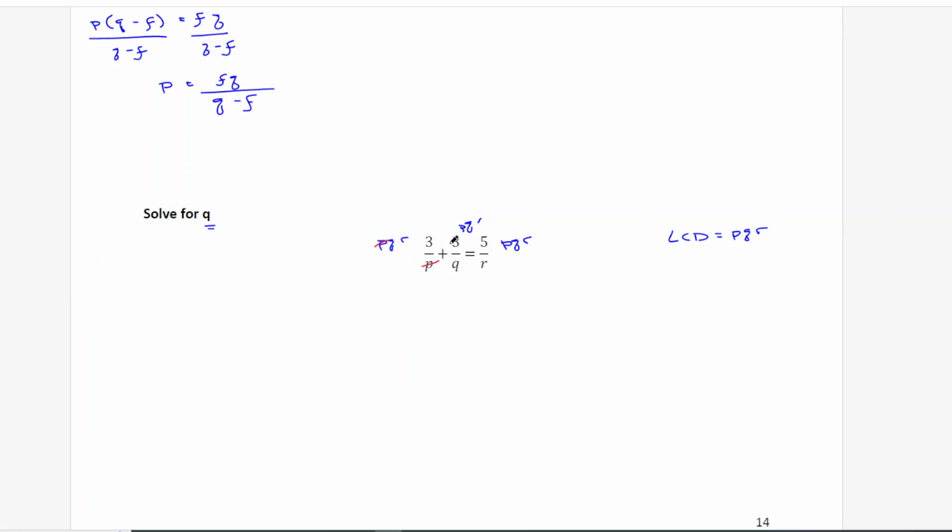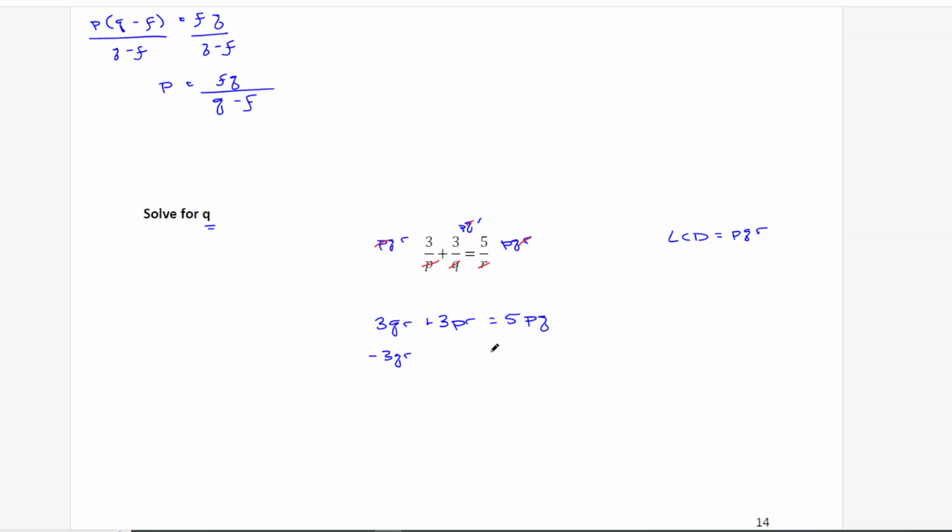Gone is the P. Gone is the Q. Gone is the R. What am I left with? I'm left with 3 times QR plus 3 times PR is equal to 5 times PQ. Now I'm trying to solve for the Q, so I'm going to get the Q terms on the same side.